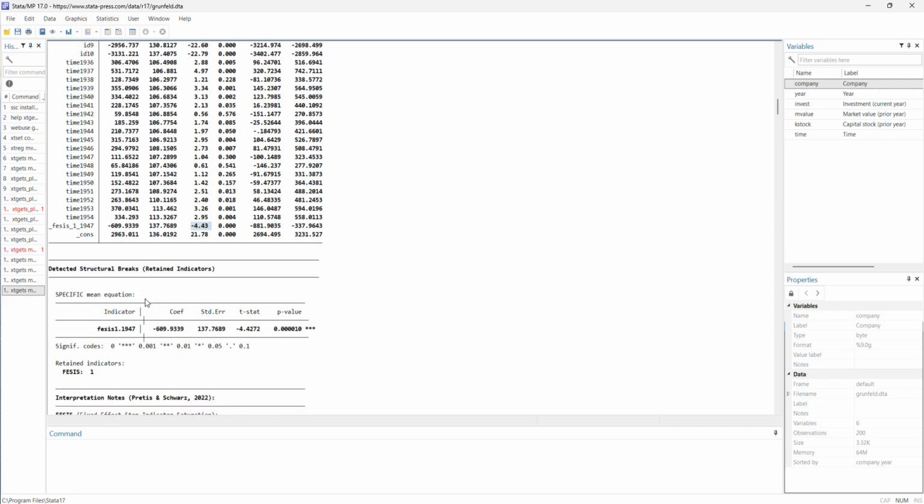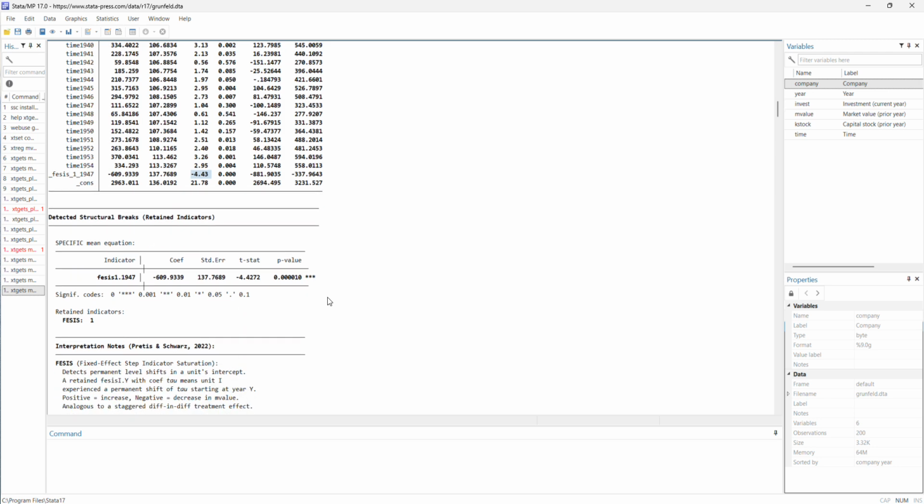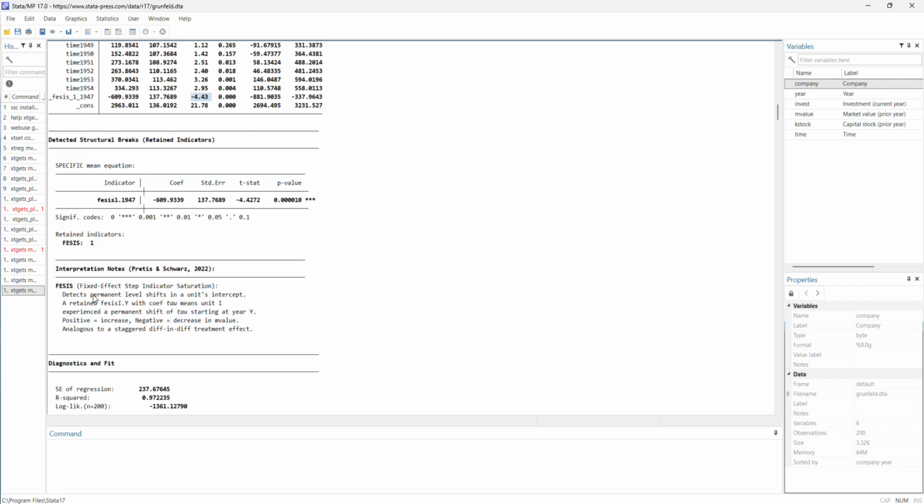It showed that this cross section and this time period, according to FESIS, has a significant break. This intercept is different from all the remaining 189 intercepts. So what does it show? It detects a permanent level shift in the unit intercept.